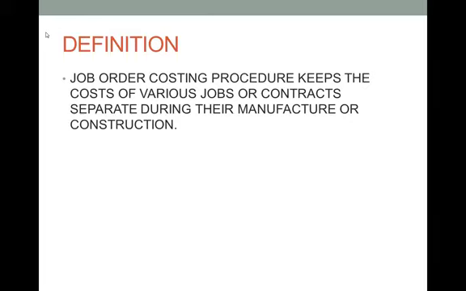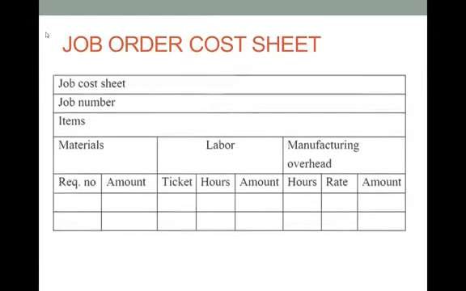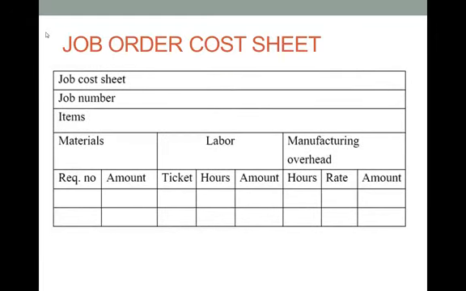Now, let's proceed to the example of a job order cost sheet. What does a job order cost sheet look like? This is an example of a job order cost sheet. Job cost sheet: job number, and then items, and then materials, labor, manufacturing overhead.